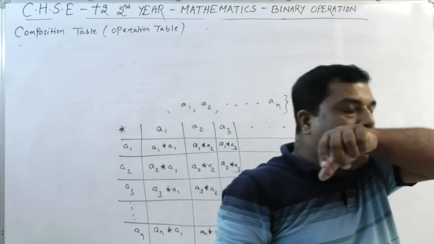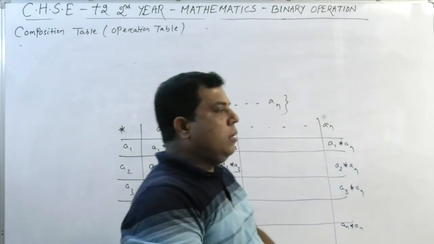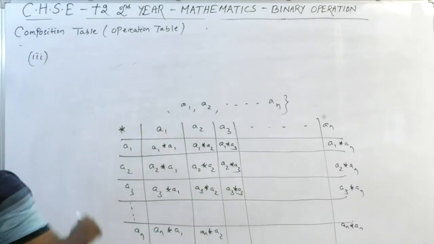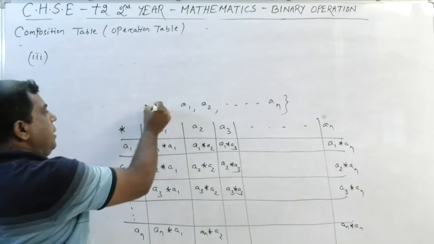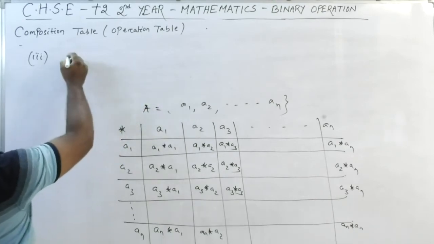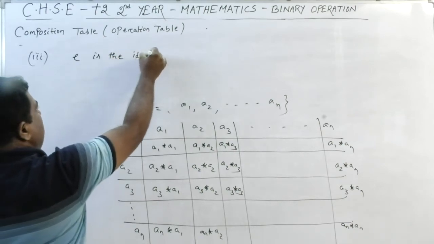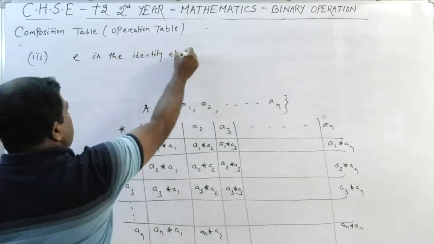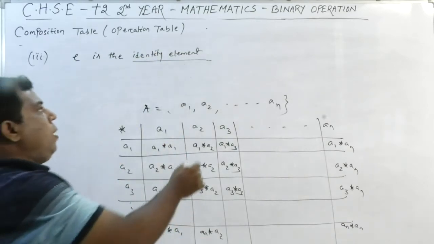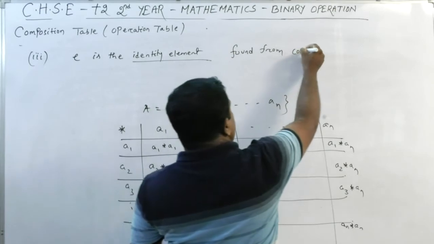The property is the existence of the identity. Is the identity element of set A found from the composition table?